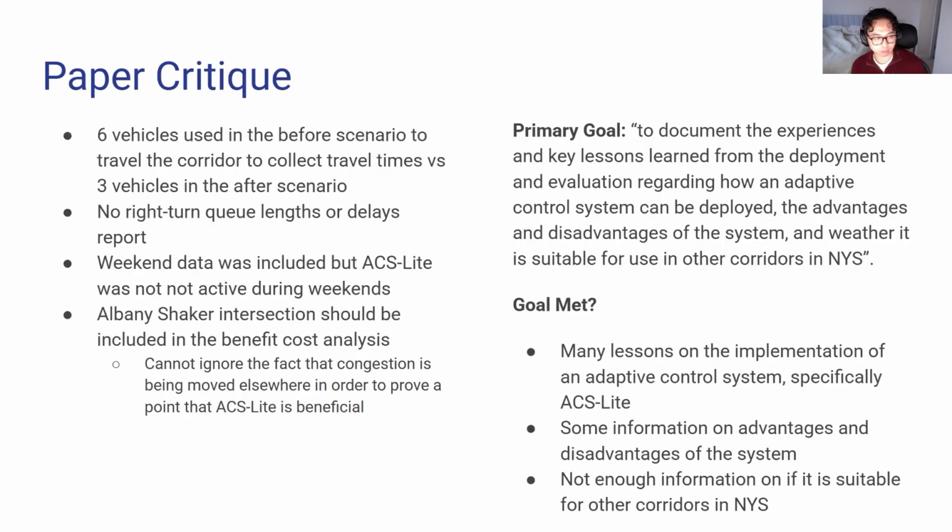So in terms of the paper critique, we have 6 vehicles used in the before scenario compared to 3 vehicles used in the after scenario, and this was when they're collecting travel times.